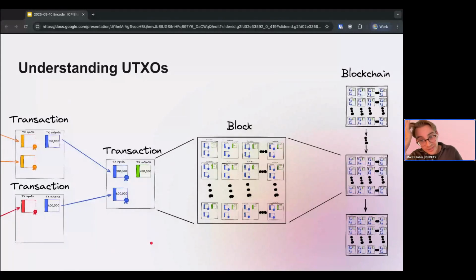So to create transactions on Bitcoin, you have to spend UTXOs, and you can obviously only spend the UTXOs that you own. Otherwise, I could just take your Bitcoin and send them somewhere else, which wouldn't be that great. So to enforce this, that you can only spend UTXOs that you own, every UTXO has a so-called public key associated with it.